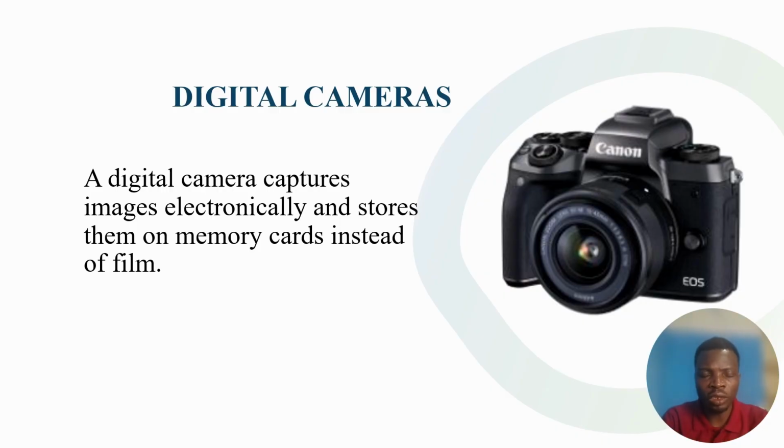You take this device and you point it to the object, whether yourself or anything you want to snap. You point it towards it and snap the picture. You look into the screen of the camera, you actually see the object there as it is, depending on the camera you use.